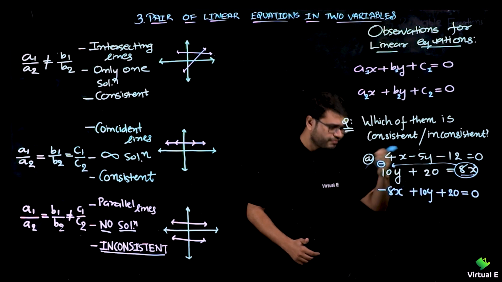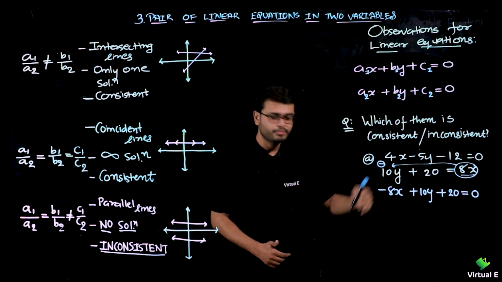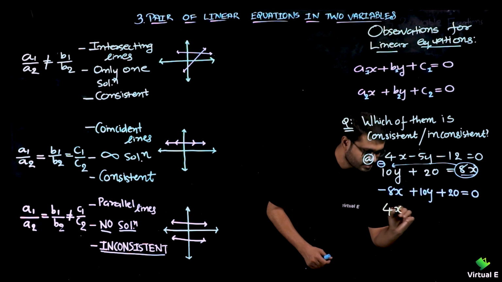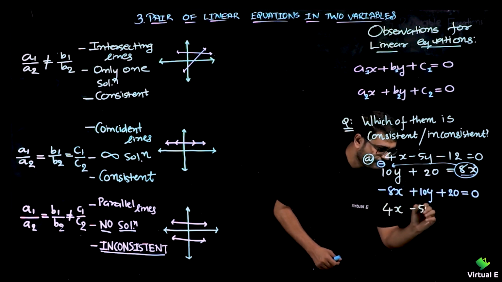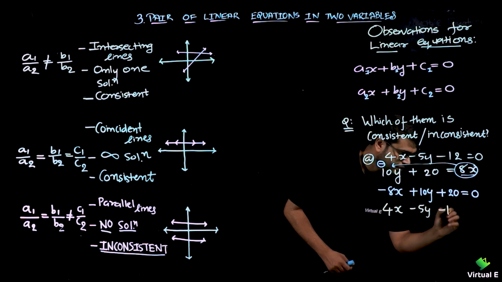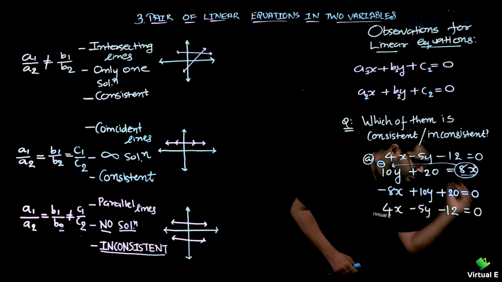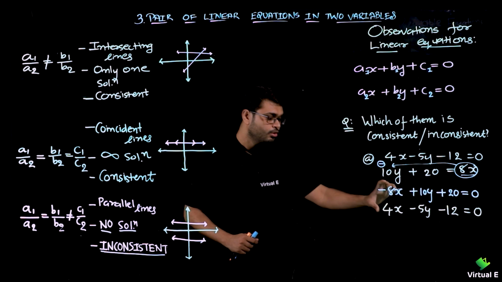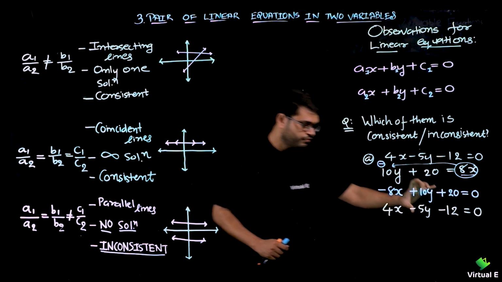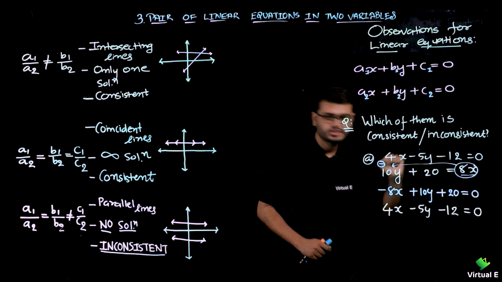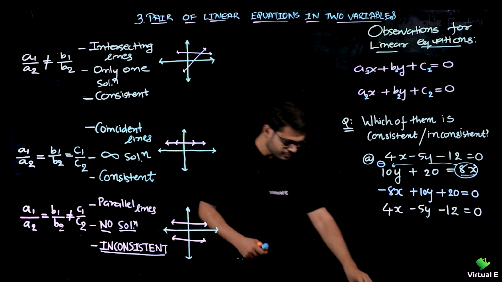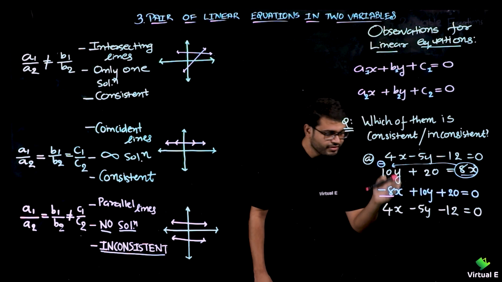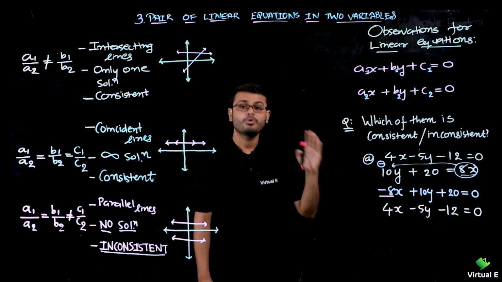Let me rewrite the first equation here so we can take proper ratios. 4x minus 5y minus 12 is equal to 0. So I am going to take ratios of coefficients of x, coefficients of y, and constants. So let's start. Coefficient of x. See, the number which is written before x, we call it the coefficient.